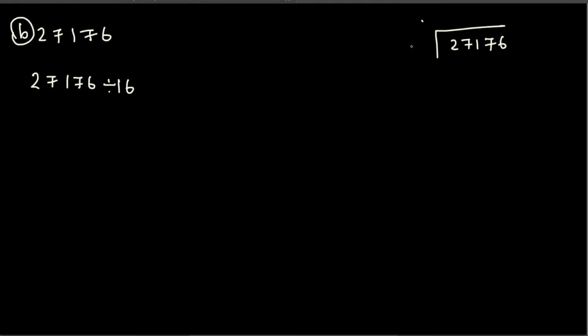27,176 divided by 16. In 27 we have 1 sixteen, and 16 plus 11 gives us 27, so 11 remaining.